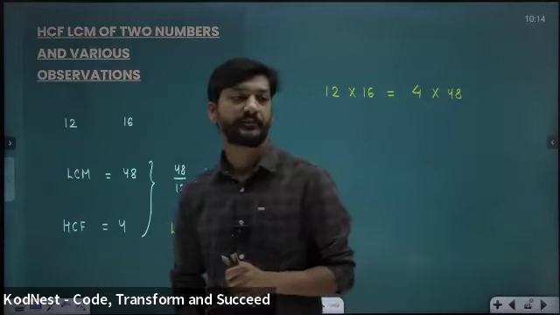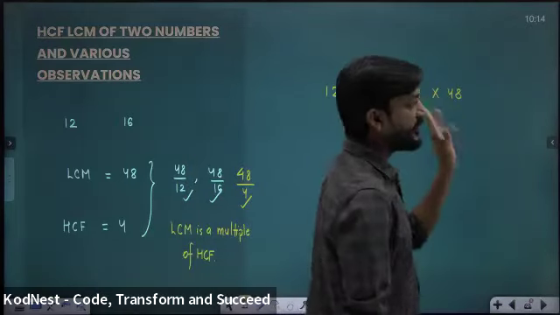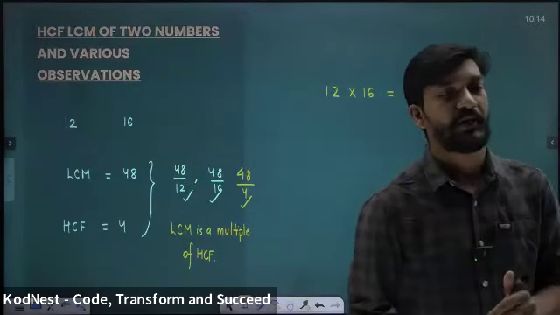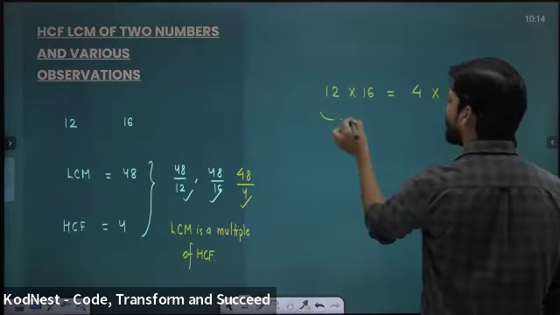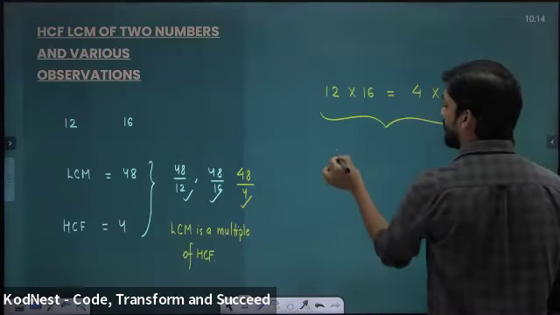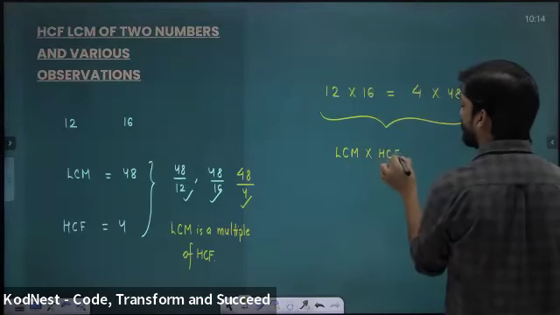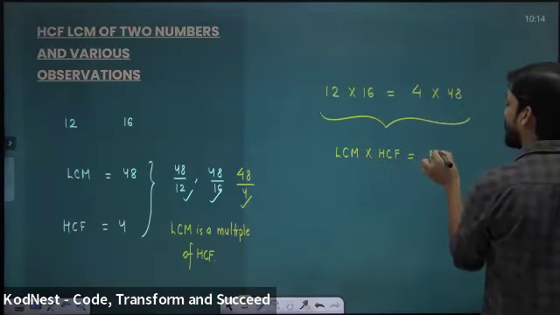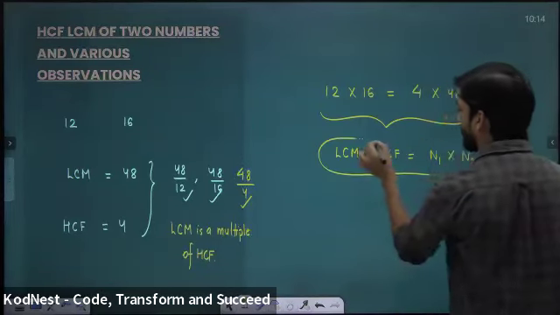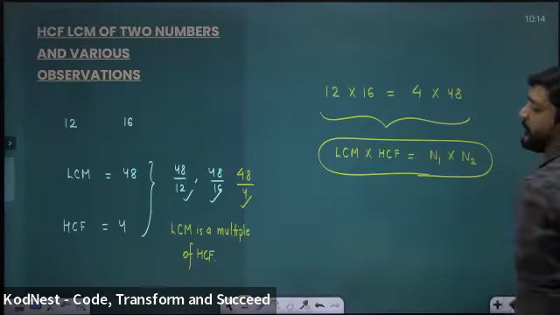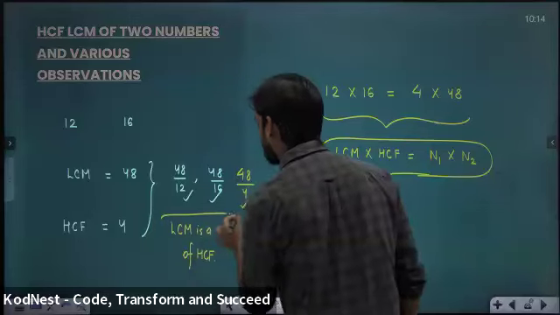Check please. The product of the numbers and the product of LCM and HCF will be the same. So based on this, what we can say is that LCM into HCF of two numbers will be equal to the product of the numbers. Okay, so first observation is this, second observation is this.